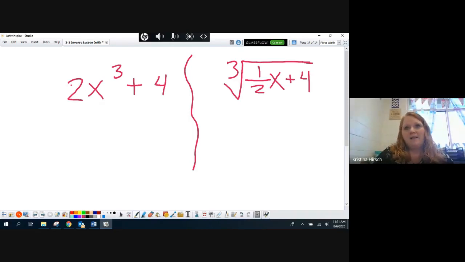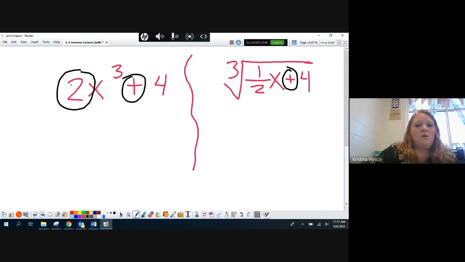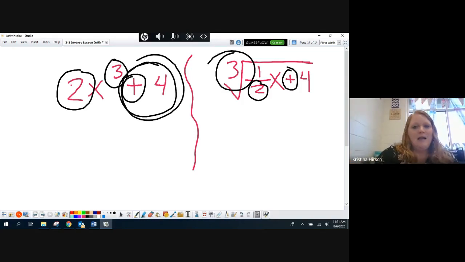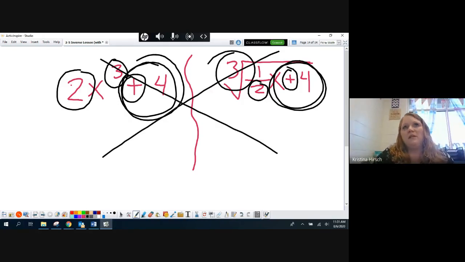Well, automatically I would know that there was a problem. Why? Because this is a plus and this is a plus. And you need to think about inverse operations. Every time you do this work, you're going to be doing inverse stuff. So the opposite of multiplying by 2 is a divide by 2, okay? The opposite of a cube is a cube root, but the opposite of a plus 4 is not plus 4. So I would automatically know, without even doing any work, that those were not inverses, okay?